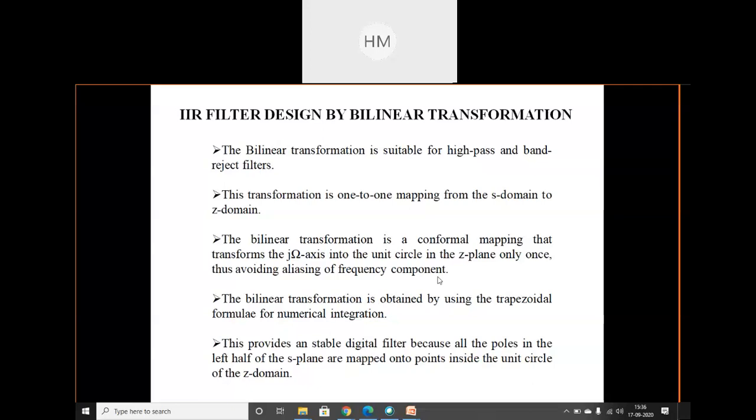We all know this thing. A stable analog filter will lead to the design of a stable digital filter, because all the poles in the left half of the S plane are mapped onto points inside the unit circle in the Z domain. What is the trapezoidal formula? We will see in the next slide.